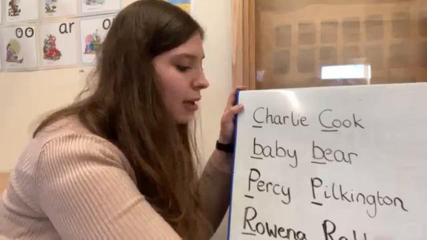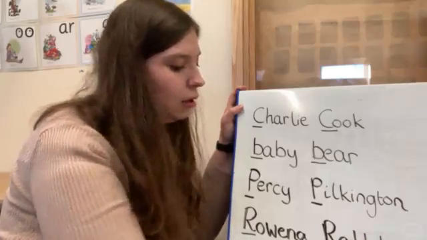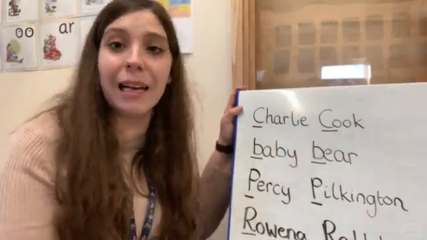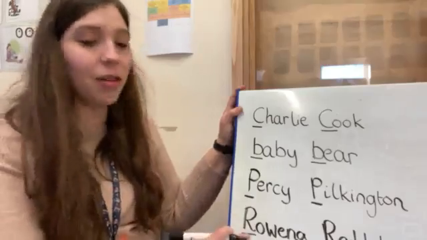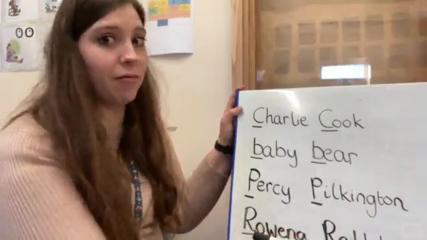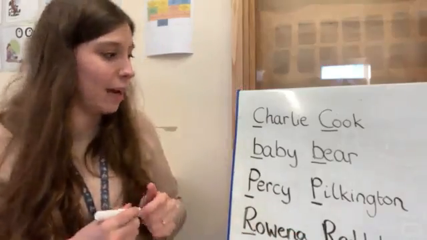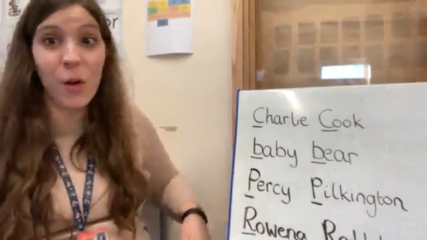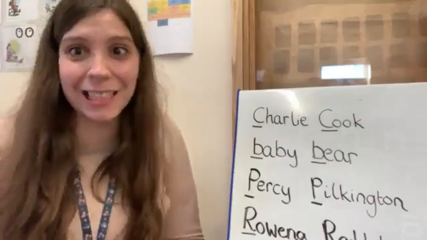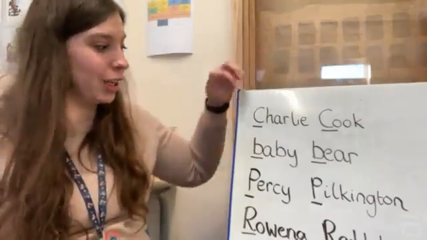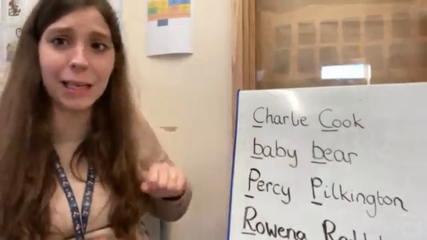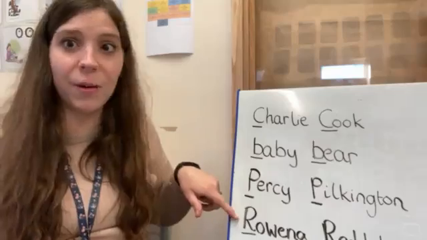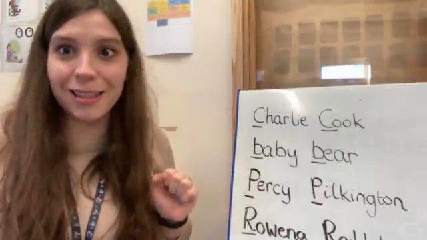And look, because it's her name, it looks a little bit different because it has to start with a capital letter when it's her name, okay? So Rowena Read-a-Lot. So we have found in the book 4 different names that have alliteration in them. We've got Charlie Cook, Baby Bear, Percy Pilkington, and Rowena Read-a-Lot.